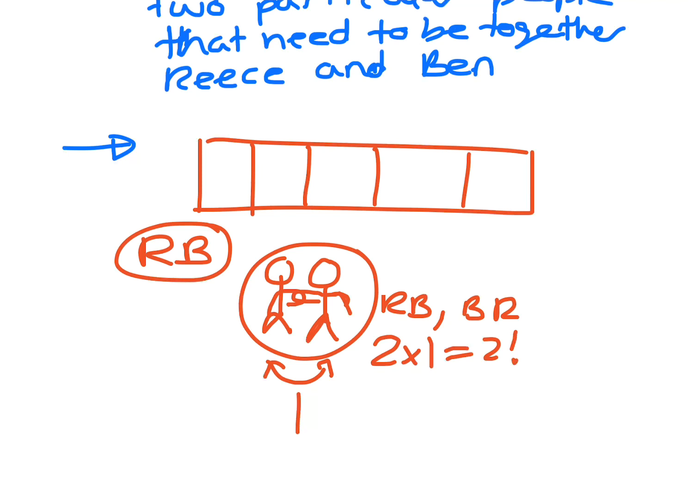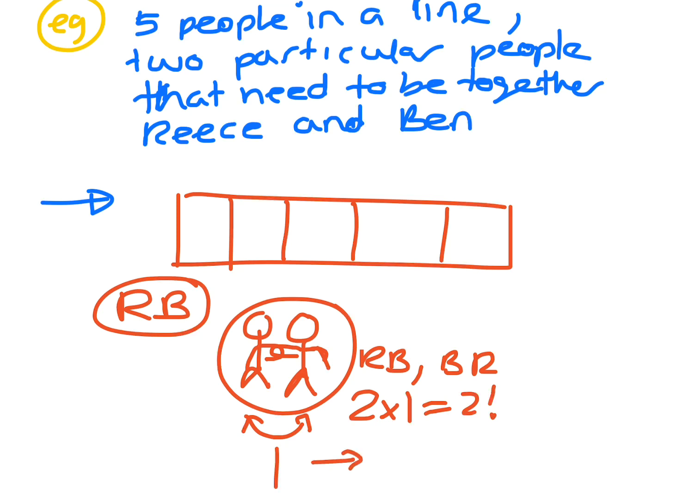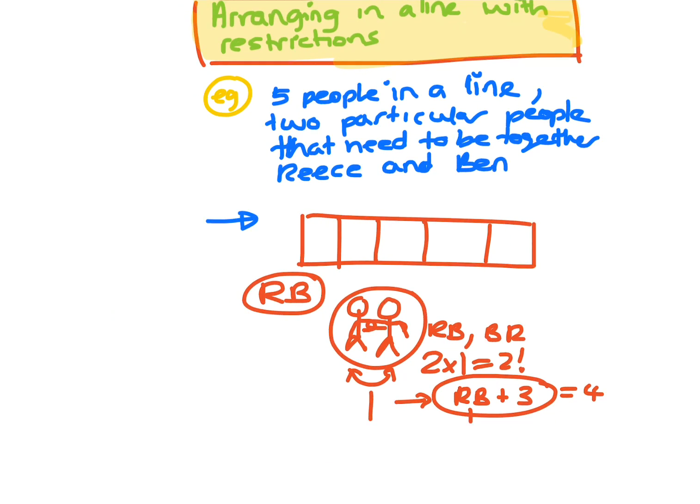There were 5 people altogether, so you have Reese, Ben, and then 3 more. So you have 1 person plus 3, which means there would be 4 people.